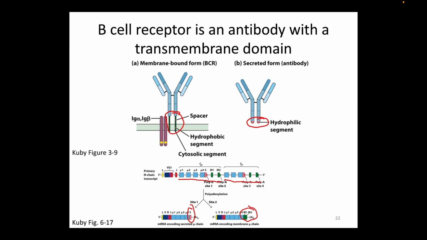One thing to note about both the production of IgM and IgD that I showed you on the previous slide, as well as the production of secreted antibody versus membrane-bound B cell receptors that I show you here, is that in both of these situations, we're looking at alternative splicing of RNA, and we're not looking at a change to the DNA. And so with the alternative splicing of the RNA, the cell could make multiple RNAs from that same DNA and splice them differently, and could be making two things at once.